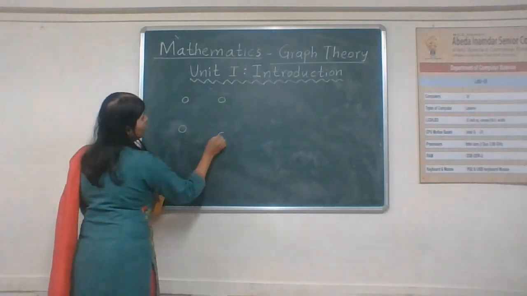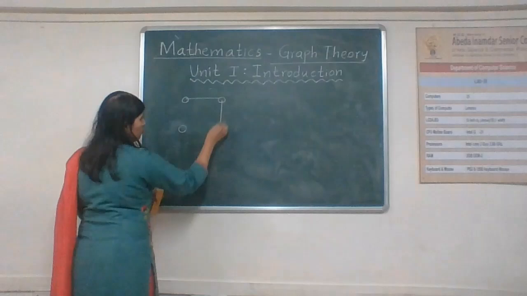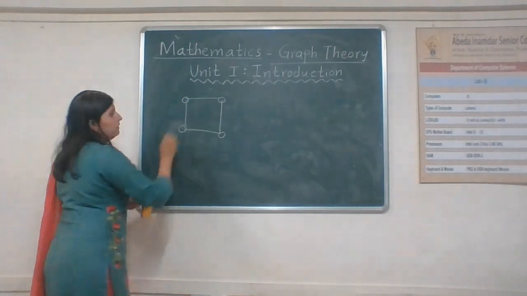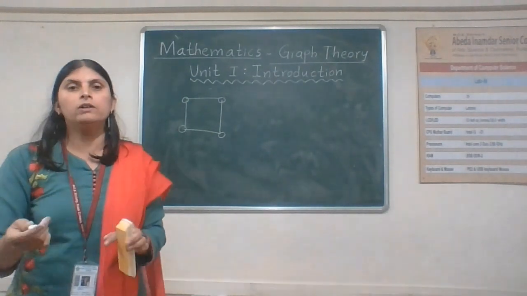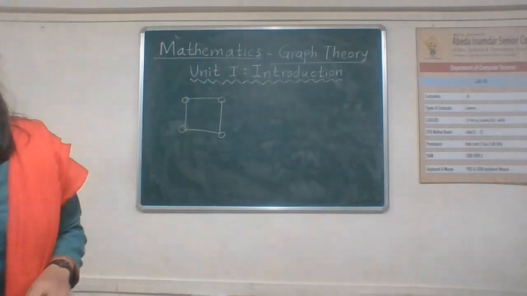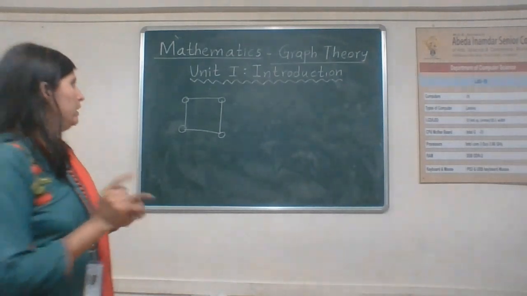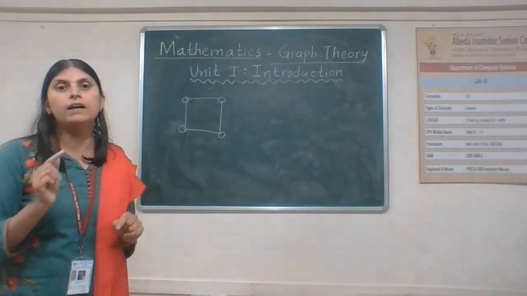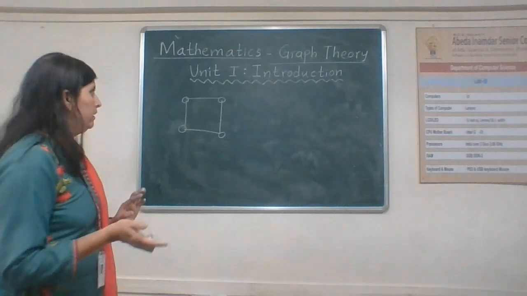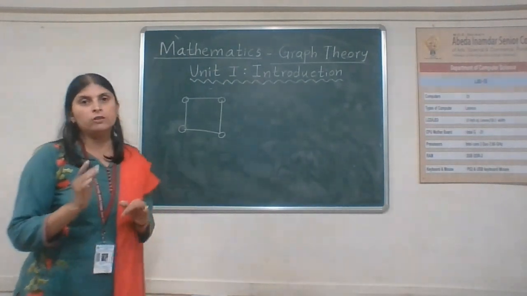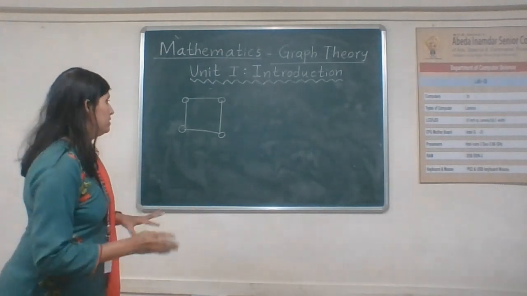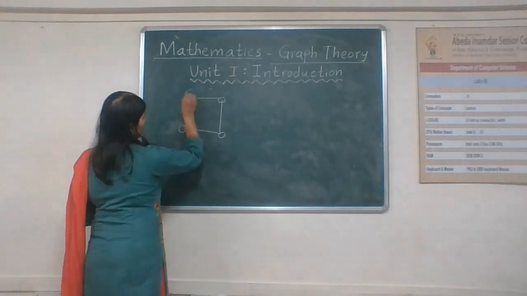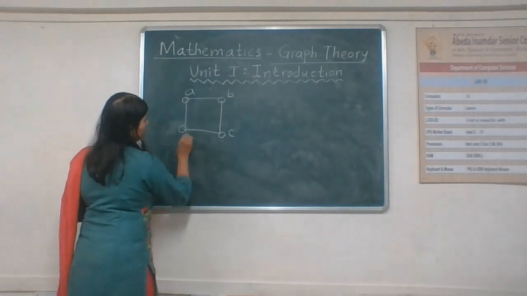While drawing a graph, you have to take at least one vertex and either 0, 1, 2 or any number of edges. But every edge is associated with either 1 or 2 end vertices. That means an edge cannot exist without end vertices. So remember that part.